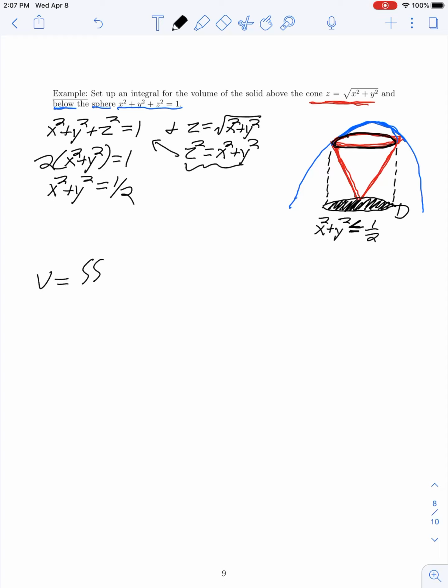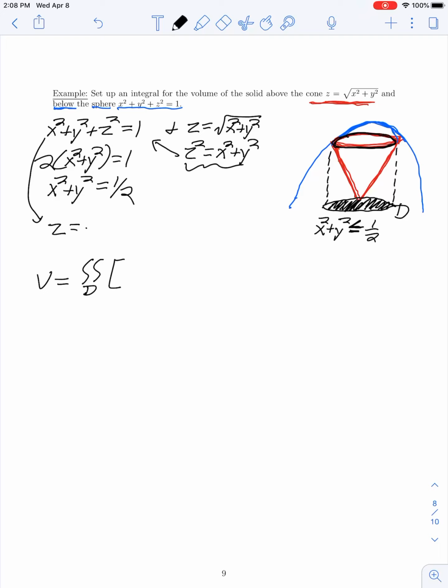It's going to be the double integral over D of the larger surface. So here we were talking about our upper surface being the hemisphere, where x squared plus y squared plus z squared equals 1. Now, if I'm thinking about that upper hemisphere as the graph of a function, I would need to solve for z.